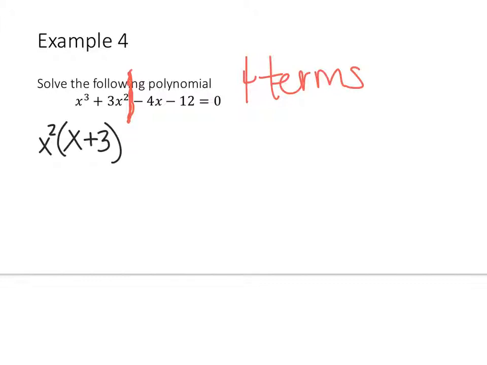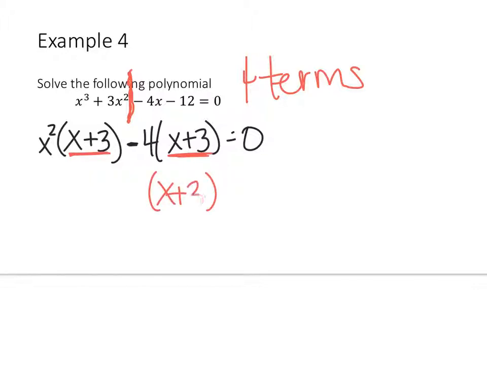Negative 4x and negative 12. Since this 4 is negative, I know I'm going to pull out a negative, and 4 and 12 both have 4 in common. So that again leaves me with x plus 3. Remember, these 2 parentheses should always match. So I'm going to go ahead and write x plus 3 down here.